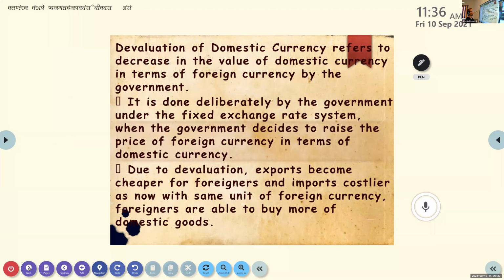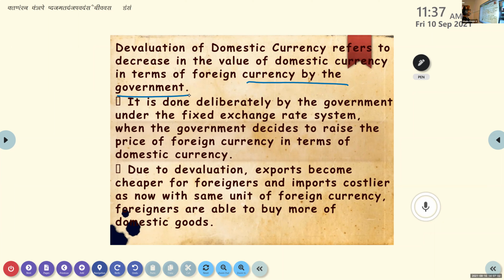Next one, devaluation. What do you mean by devaluation? Devaluation of domestic currency also means a decrease in the value, same as in the previous example, but there the decrease was happening because of demand and supply. Here the decrease is happening because of the government. The government is reducing the value of our currency.